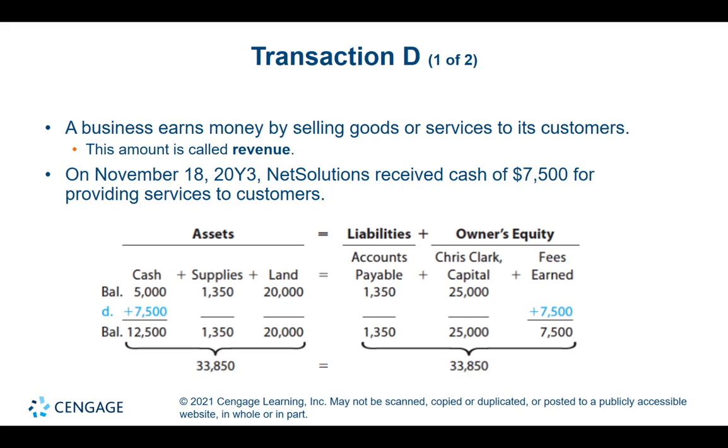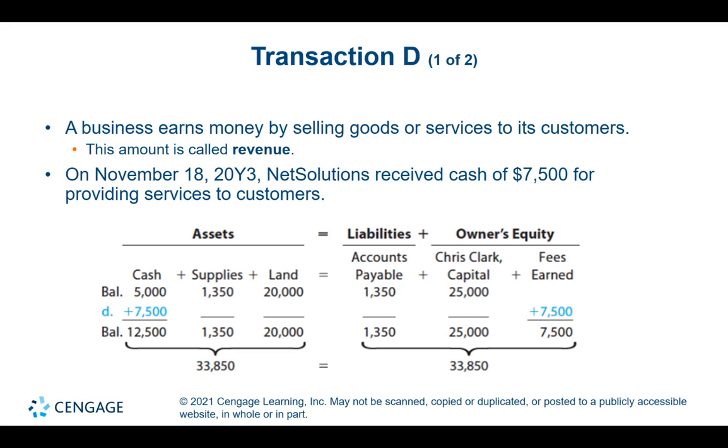So right away we know cash was received, and cash is an asset. So record to the cash account under asset for $7,500, an increase of cash. What about the other account? The other account in this transaction is from the selling of service to its customers.